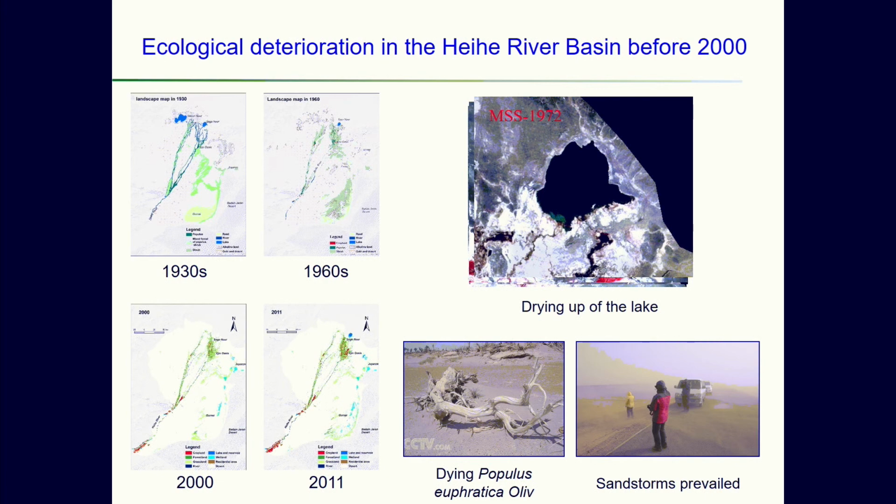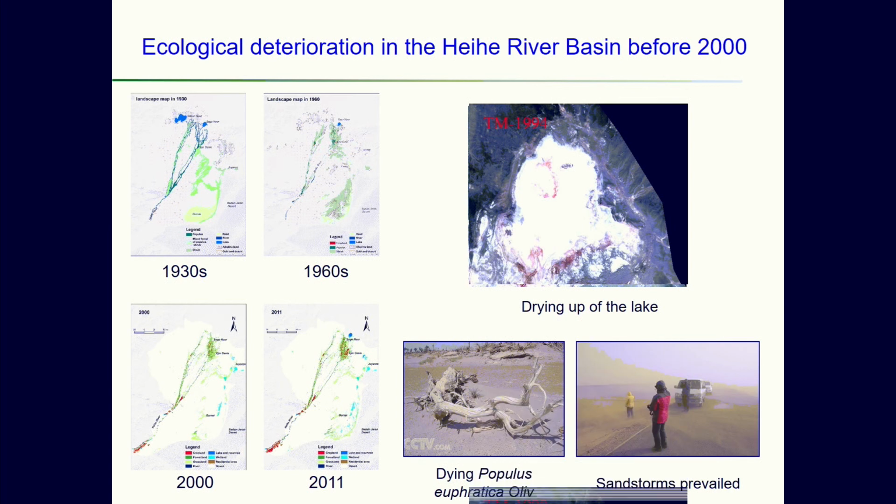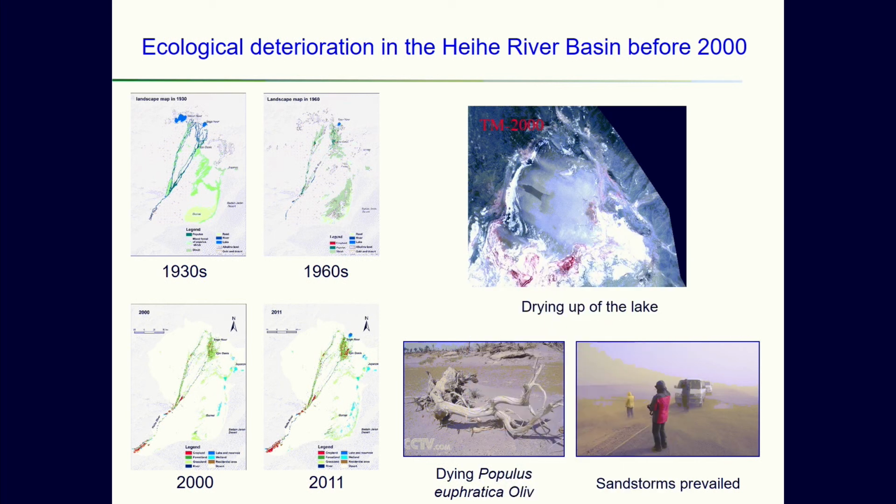But step by step, because of agricultural development in the upstream, this terminal lake disappeared in the 1990s. And here is the image of the year 2000. So thunderstorms just prevailed in this region.